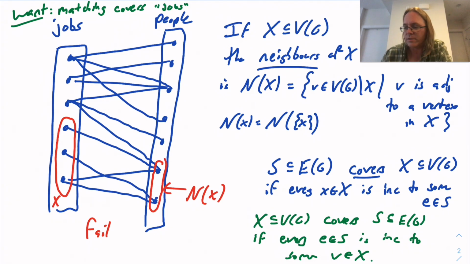So you can imagine there are girls on the left and boys on the right, and we put an edge between them if that girl and that boy would like to dance together. And then you can ask, can we arrange that all of the girls are paired up with boys and dancing at the same time to the same song? That's exactly the same problem.